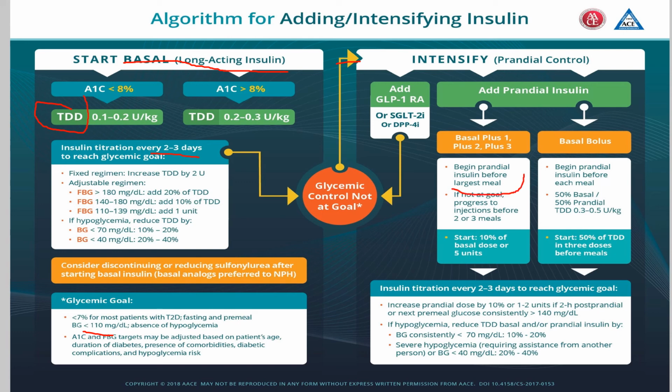So you would add insulin before their largest meal and then progress from there until you reach the goal. And we'll talk about this even more when we talk about type 1 diabetes, about insulin adjustments.